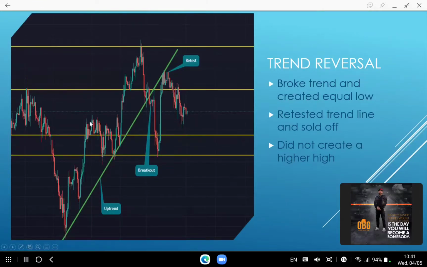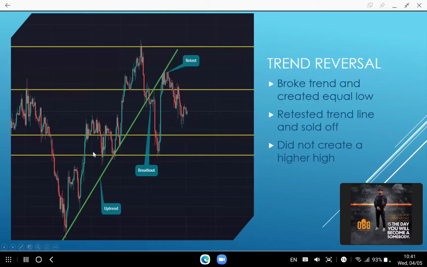Then we created a new high because price is higher than this one. Then new higher low, new higher high. But then what happened? We drew our trend line and we see it broke. It did not create a higher low, it created the exact same. Price stayed the same. It created an equal low.